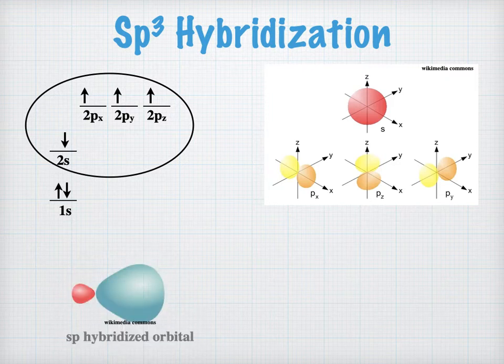And the sp hybridized orbitals look like this. So essentially one side of the kind of p orbital dumbbell gets bigger and the other side gets a little bit smaller. And when all 4 of these orbitals hybridize, you get what's called sp3 hybridization.